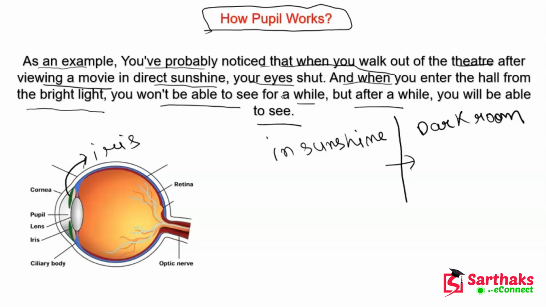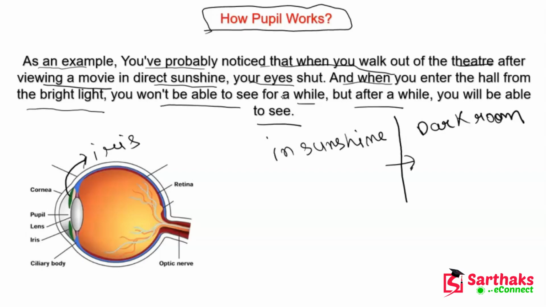It is not that much open. So for a while you won't be able to see things in the dark room because the path where the light enters is very short. But what happens when you enter a dark room? After a while the iris will open more and more light will be able to come inside your eye. And you start to see things clearly.